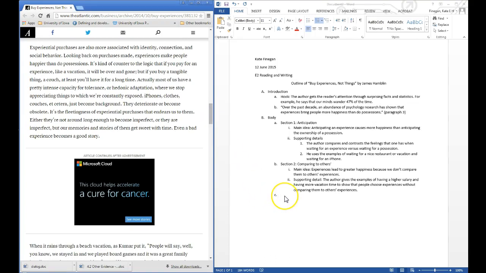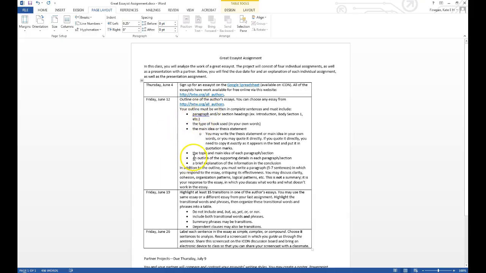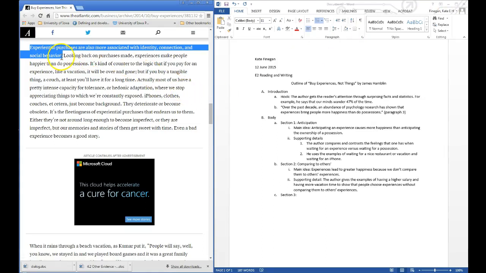Okay, so section 3 is interesting. They're associated with identity, connection, and social behavior. Okay, and here there's a really clearly stated topic and main idea. So I'm just going to copy this directly and put it right here.